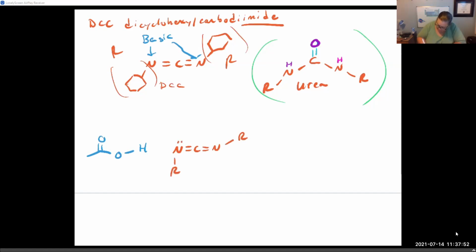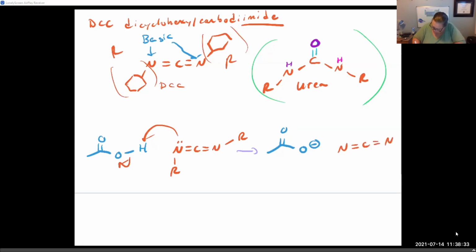One of these nitrogen atoms is going to act as a Lewis base. Now, this is kind of a turnaround, something we've not seen yet, and we're going to see it later on. This protonated diimide can now serve as an electrophile.